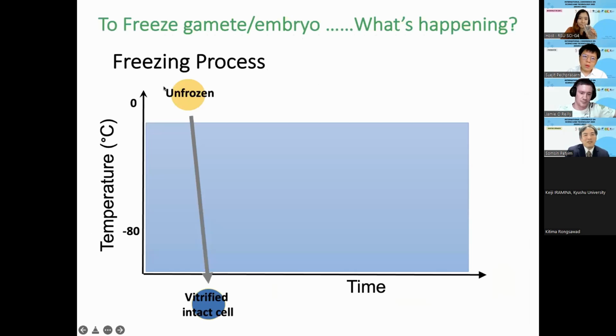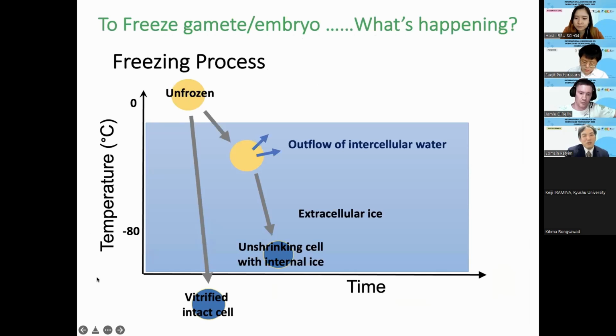Vitrification is when we take normal cells and pass them through the temperature into the cold system, and if they freeze before they become ice, it's called vitrification of the cells. But if we decrease the temperature very slowly, the time for the fluid to go out of the cells is too long.